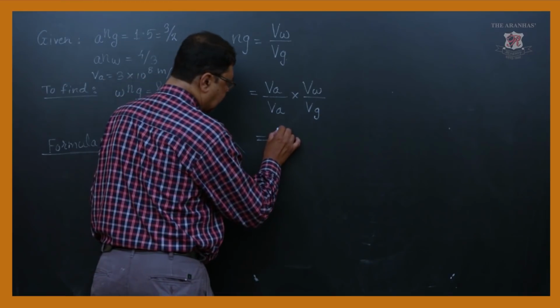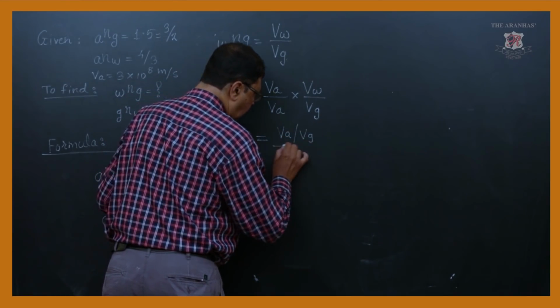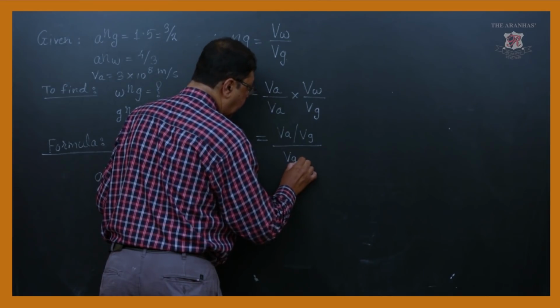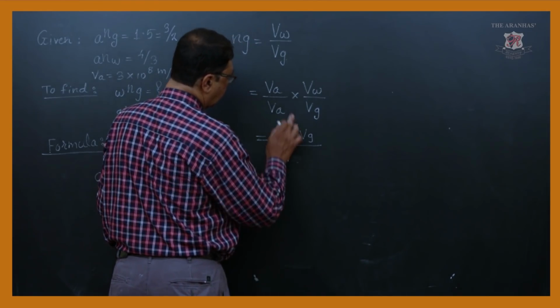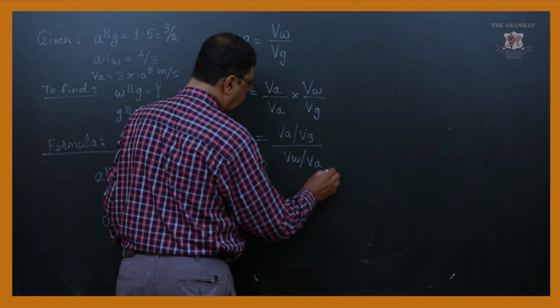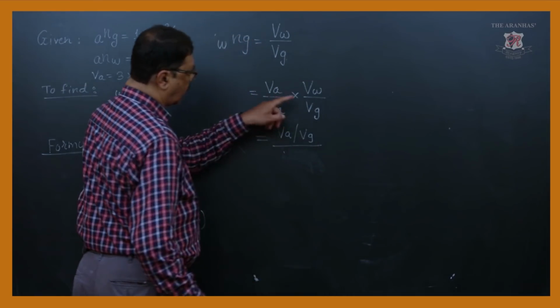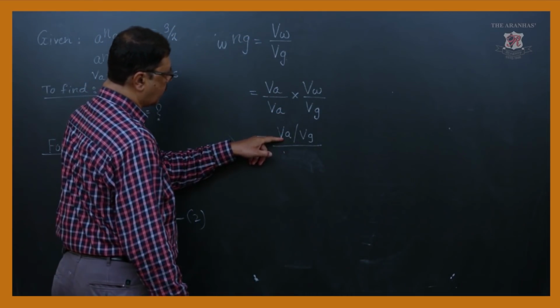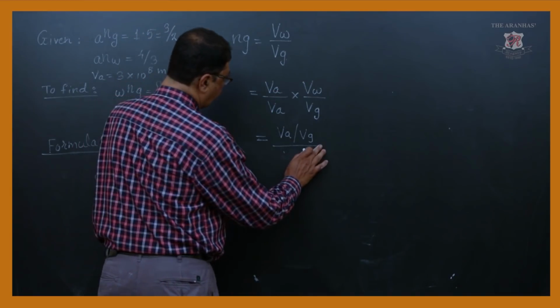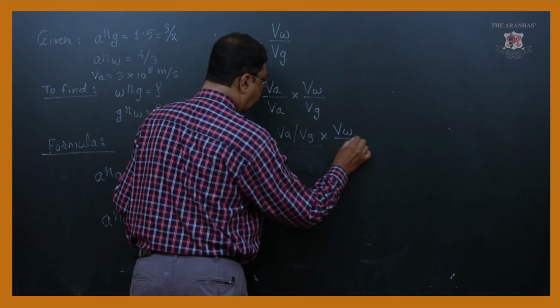Now it's the question of rearranging the terms. I am writing this as Va upon Vg multiplied by Vw upon Va. Va upon Vg everyone can understand, and multiplied by it will be Vw upon Va.